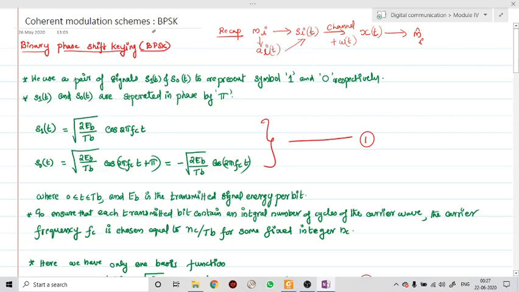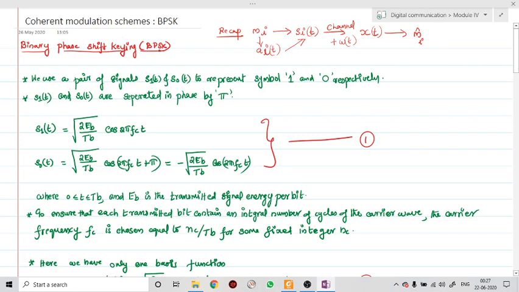So we discussed the binary phase shift keying method of modulation. First, this is a coherent modulation scheme. That means to detect the signal back, I need the phase information in the receiver.